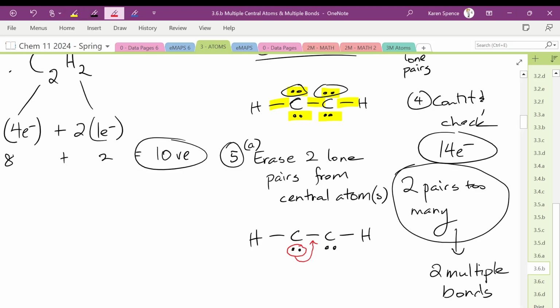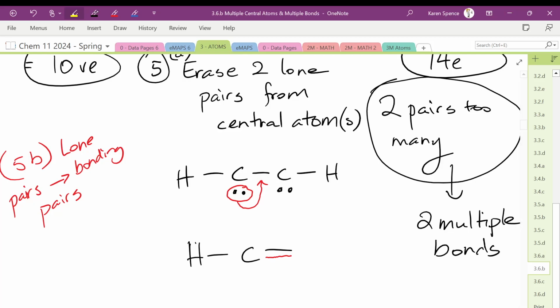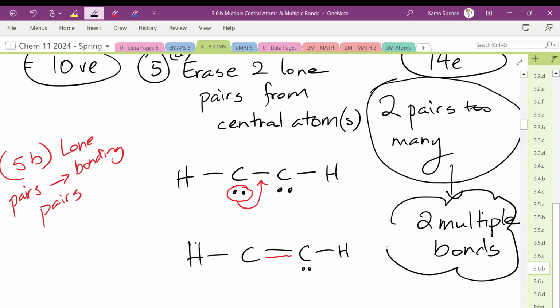Okay, so 5B, turn lone pairs into bonding pairs. Okay, so now we're going to redraw that. We've got H, C, and that's the pair that came from that lone pair there. C, H.